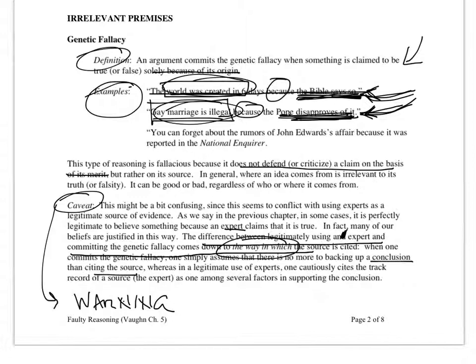On the other hand, when you use experts, you admit that experts themselves may be wrong, and it's more of an attitude of openness when you appeal to an expert to support a claim, as opposed to merely saying that the source you cite is going to end all discussion immediately.